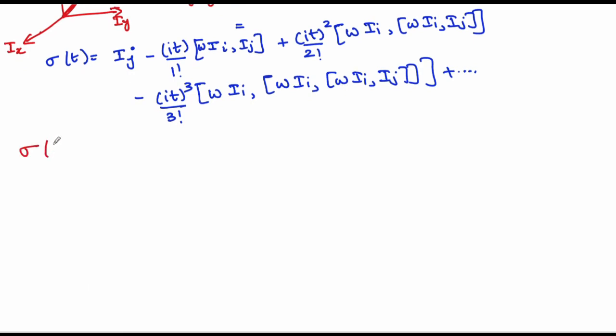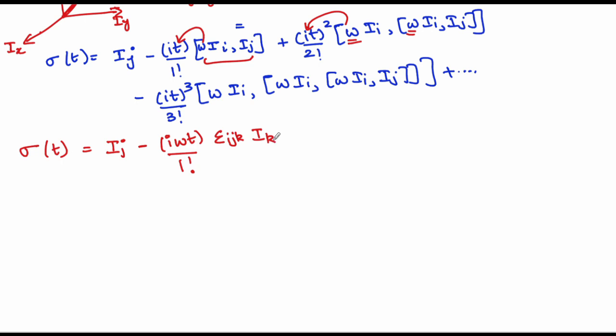The advantage that we have here is that these are cyclic commutators. So I'm going to take the omega up here, and the omega square into this. So this is going to be Ij minus i omega t by 1 factorial, and you have the commutator of Ii, Ij. This is going to be equal to epsilon ijk, where if it's cyclic, it's going to be plus 1, and acyclic is going to be minus 1.